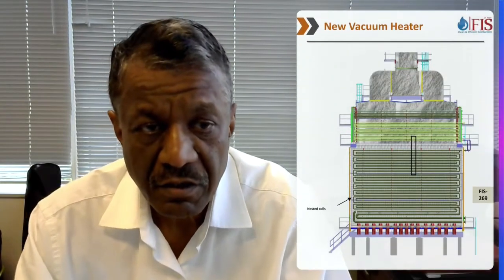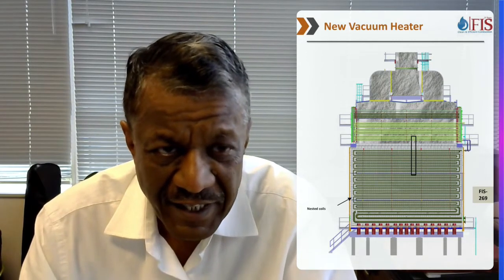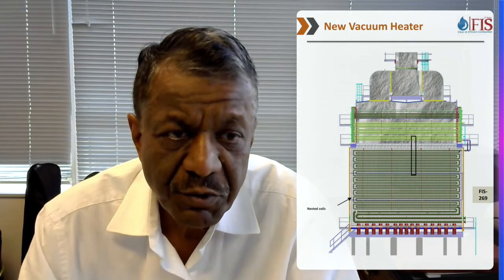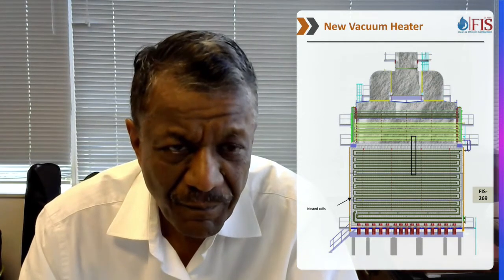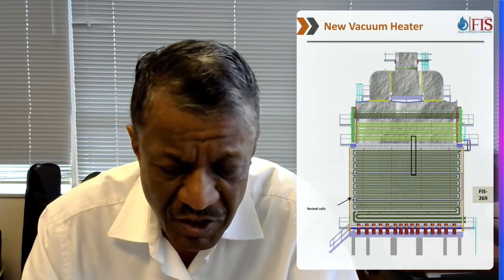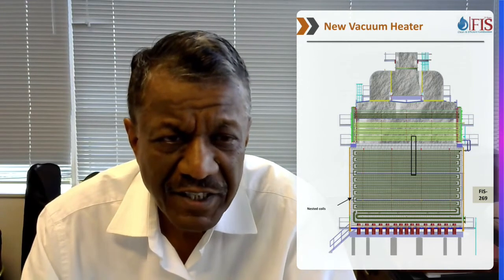Let's talk about this heater which we revamped for a client in the US. What we did was we provided the vacuum heater outlets at the bottom. We had ultra low NOx burners, and ultra low NOx burners generally have long flames. As a result, the upper section is hotter and the bottom section is cooler.